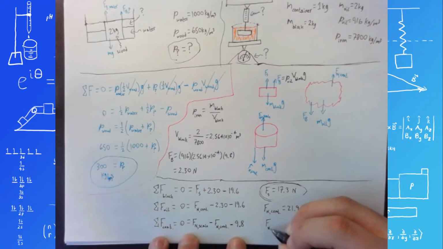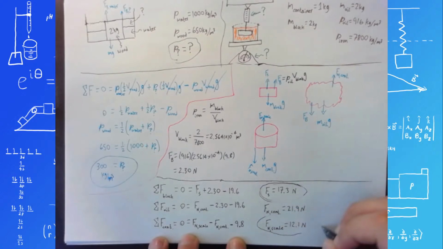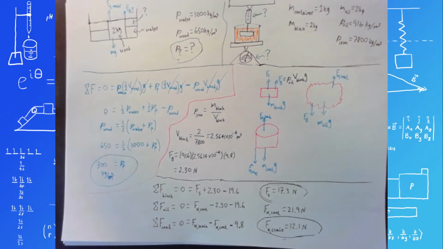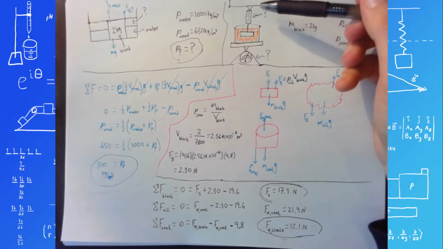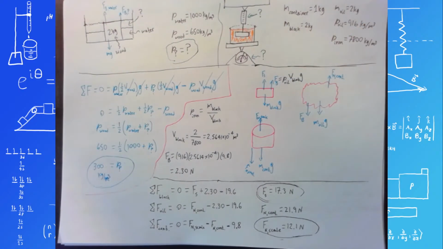Normal force of the scale is 12.1 newtons. So the scales read 17.3 and 12.1 newtons respectively from top to bottom. Top scale 17.3, bottom scale 12.1.